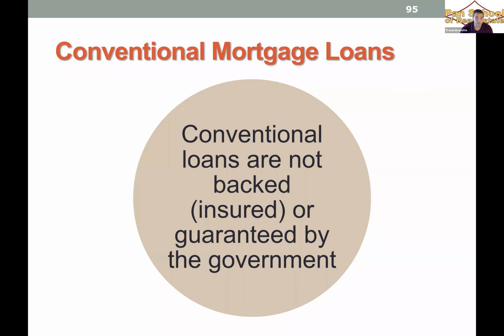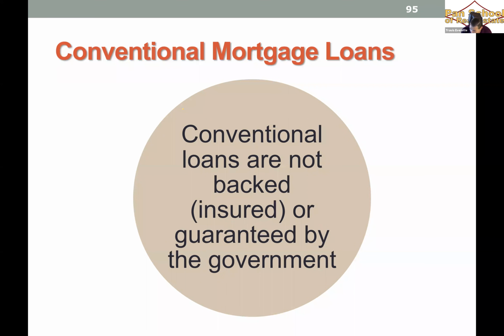That is the definition of a conventional loan. Traditionally speaking, loans didn't have anything to do with the government. You borrowed money from a bank, you paid the money back to the bank, the government is not involved in that transaction. And that is still the absolute basic definition of a conventional loan.